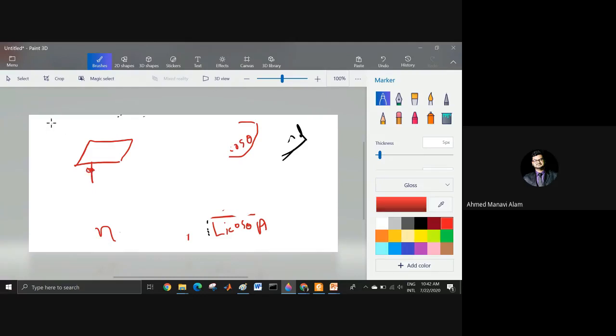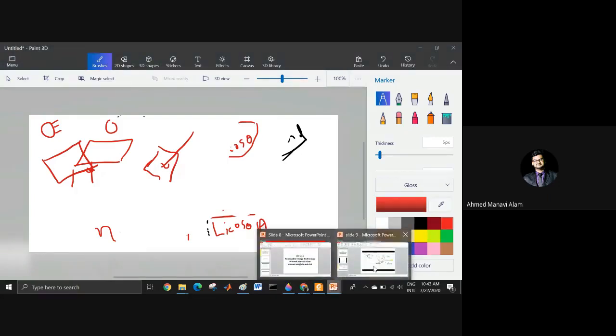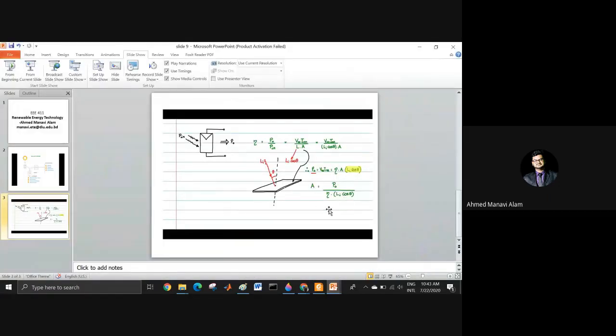So whenever the sun is here, it rotates to this place. Whenever the sun is here, it rotates. Whenever the sun is here, it rotates. So the important part is you are getting the 90-degree angle always, but it is cumbersome. There is some controlling thing, so it is expensive. That's it. So I hope you guys understand the formula and the area of it, the sizing of the PV cell.